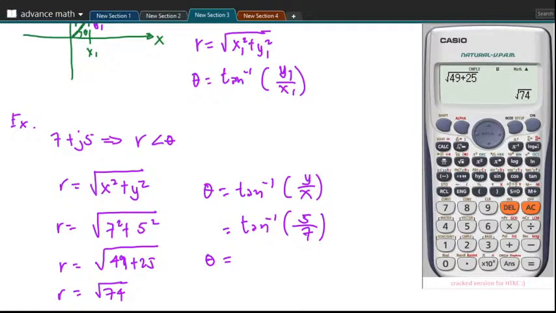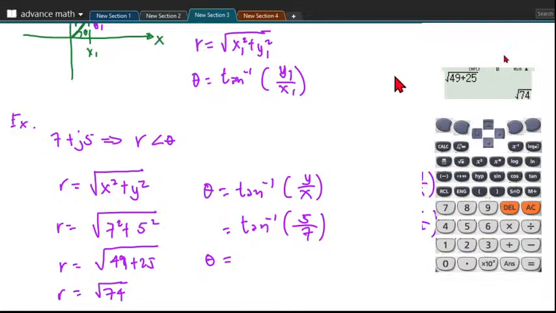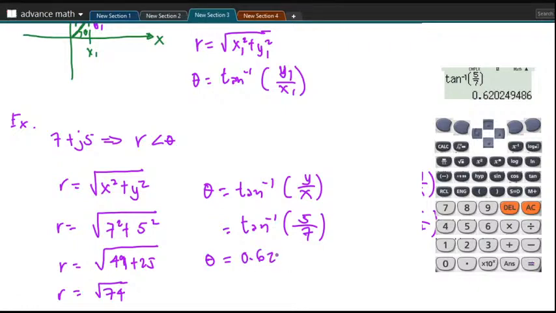Okay, so we have the shape, tangent, so this will be 5 over 7. This will be equal to 0.62 radians.